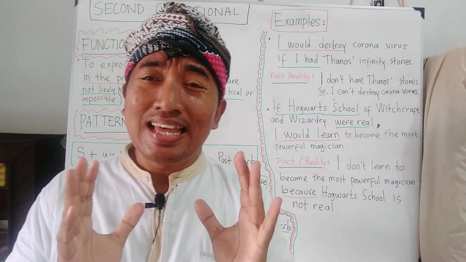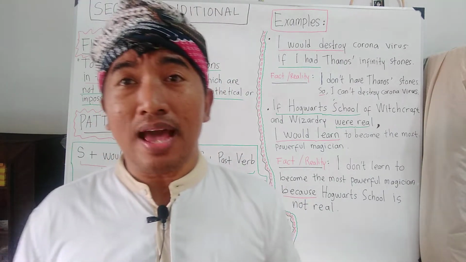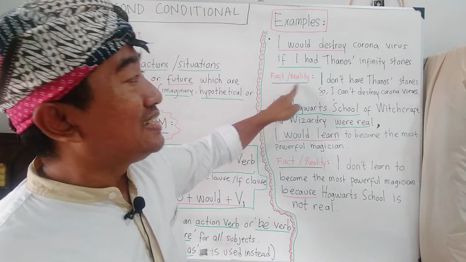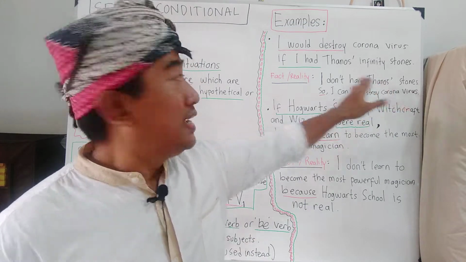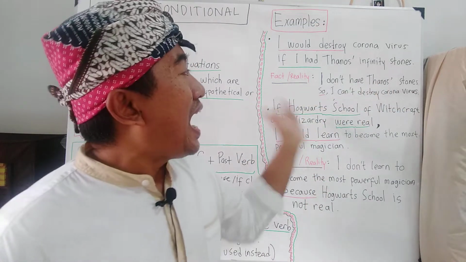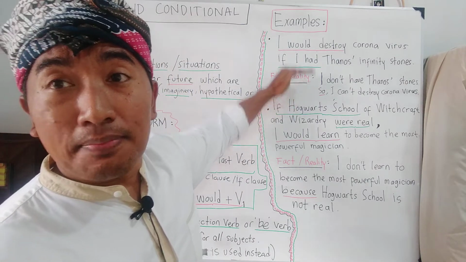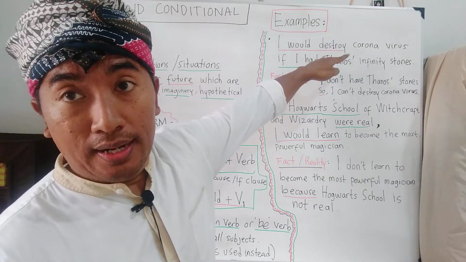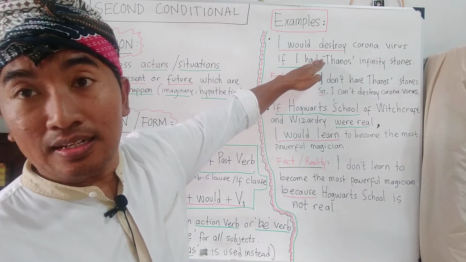Now, let's learn about the fact and the reality. So what is the reality behind this? Now, the reality says, I don't have Thanos' stones, and so I cannot destroy coronavirus. Now, if you could see the pattern, the pattern is using would, verb 1, and then using if, subject, had.